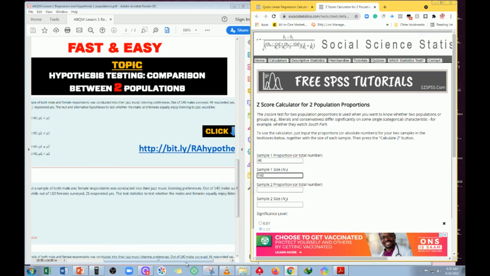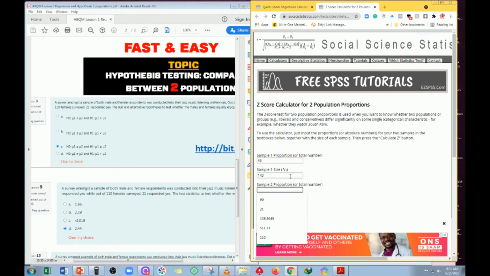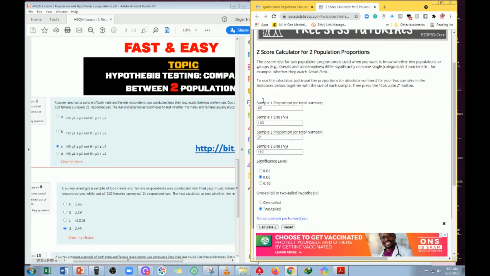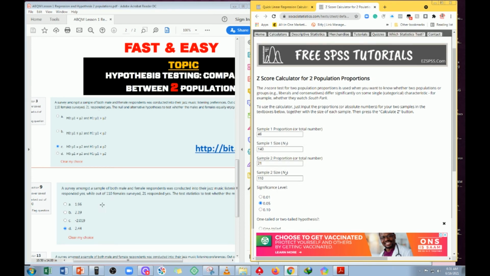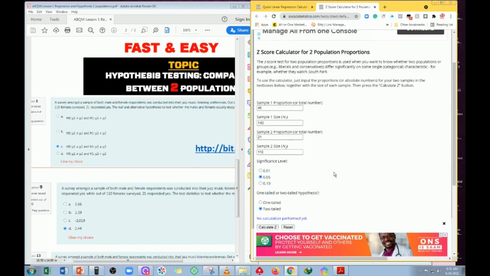And then for females, 21 said yes, 21 out of a sample size of 110. So you see, we have just entered our data from the question, as simple as can be.